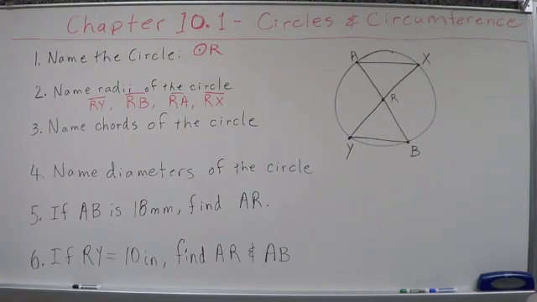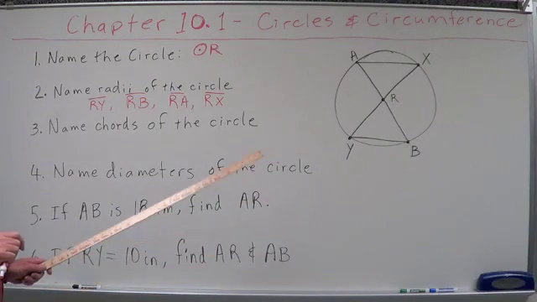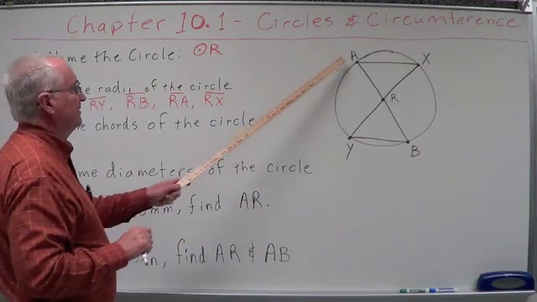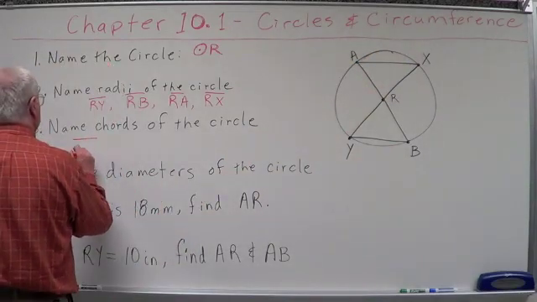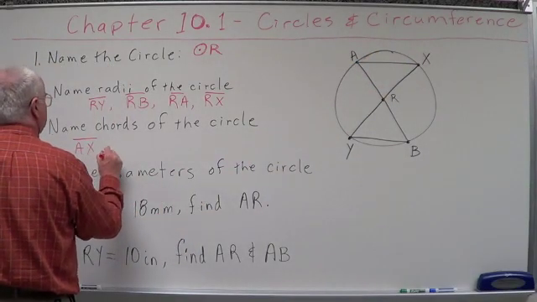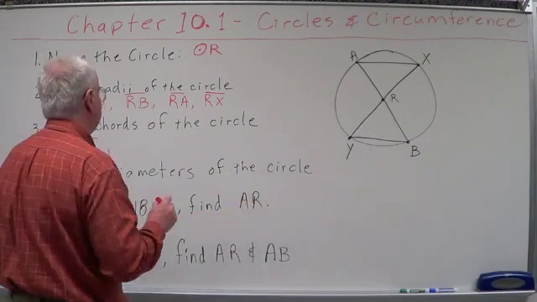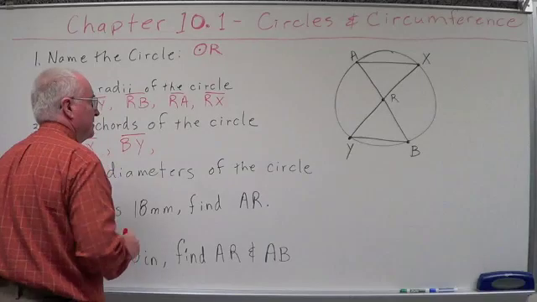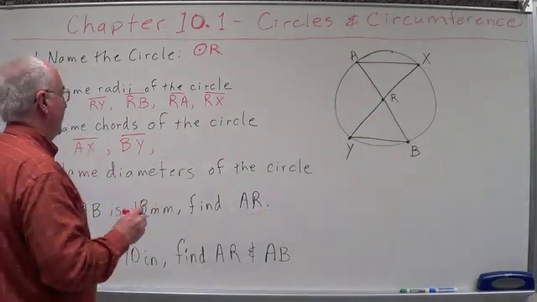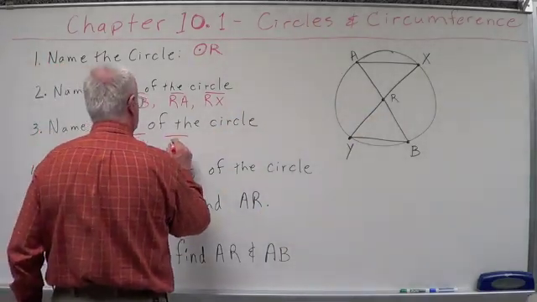Name chords of the circle. Remember that chords have endpoints that are actually on the circle itself. AX would be a chord. BY would be a chord. AB would be a chord.